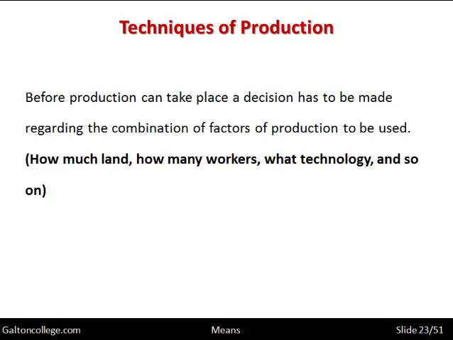Before production can take place, a decision has to be made regarding the combination of factors of production to be used. How much land, how many workers, what technology, and so on. So before production takes place, there has to be an evaluation of the quantities and types of factor of production that's going to be needed.